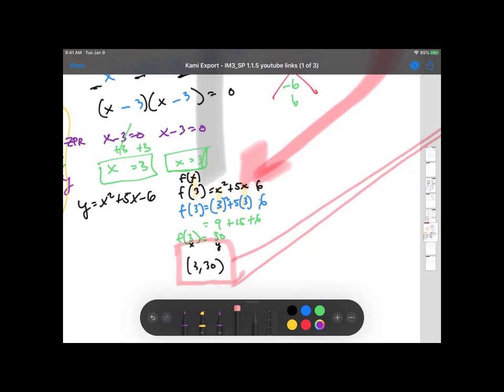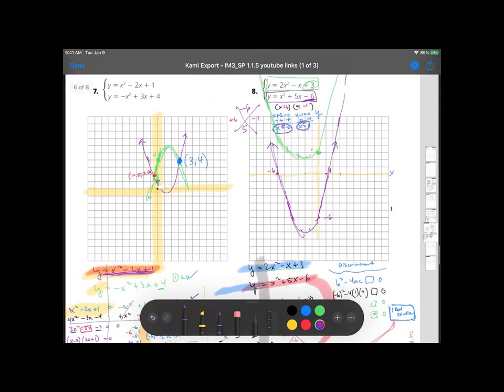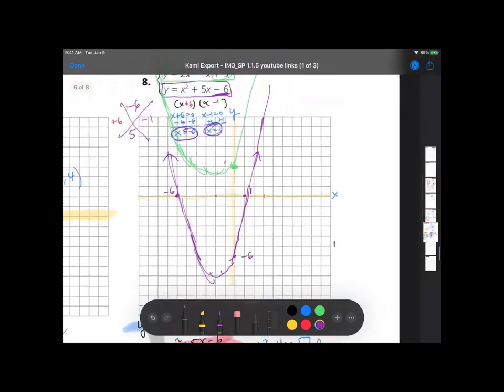That should have been a minus 6. Small changes like that, but so 24 minus 6 gives us 18. That means my graph should have gone through 3, 18.